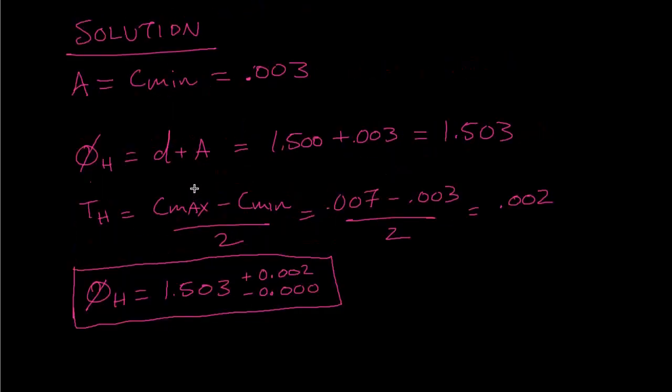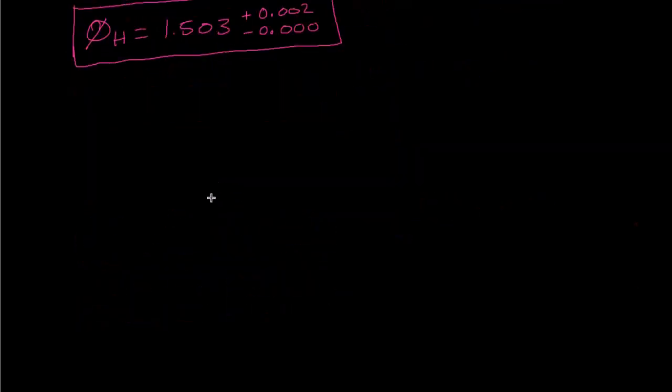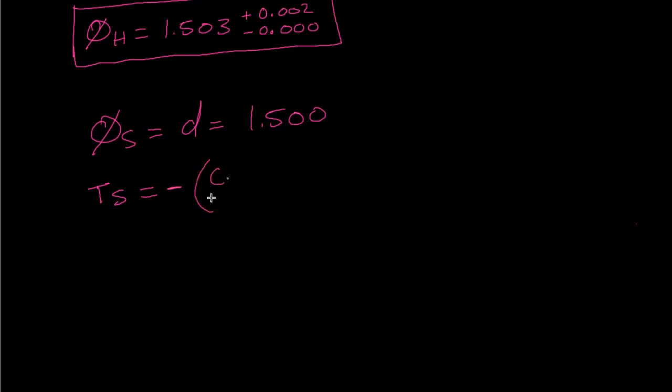Okay, and now I'm going to figure out the shaft diameter and shaft tolerance. So let's write this one down. So the shaft diameter is just equal to D, which is equal to 1.500, and then the tolerance on the shaft is equal to negative bracket the maximum clearance minus the minimum clearance over 2.